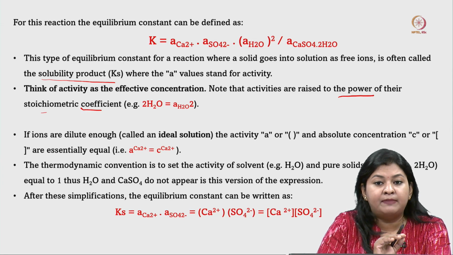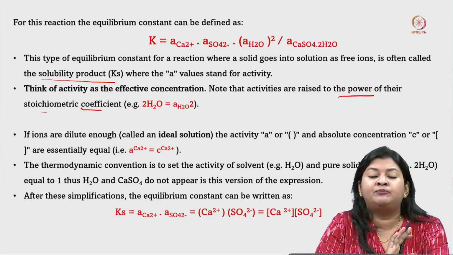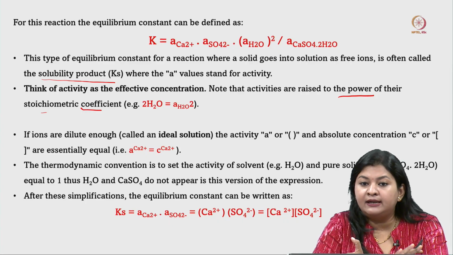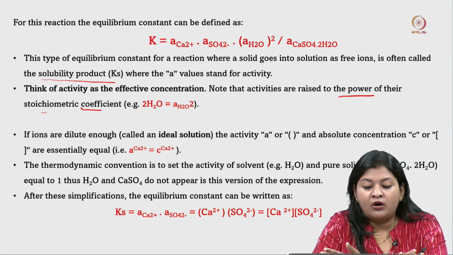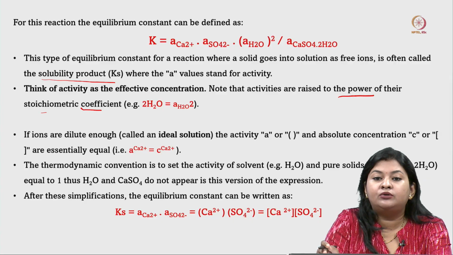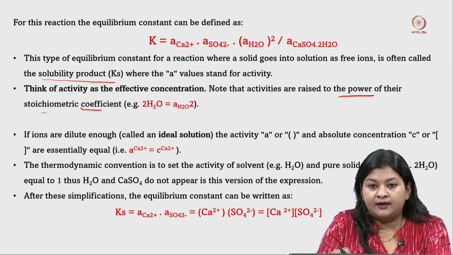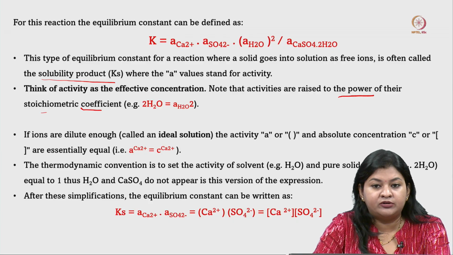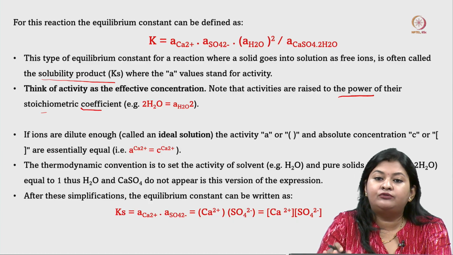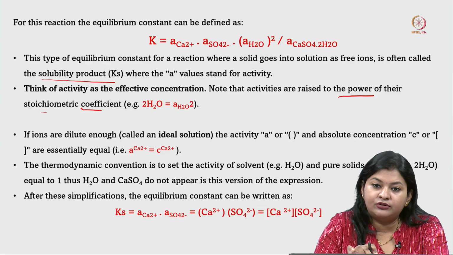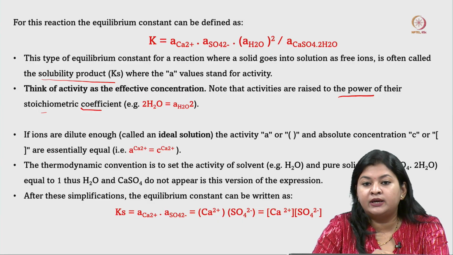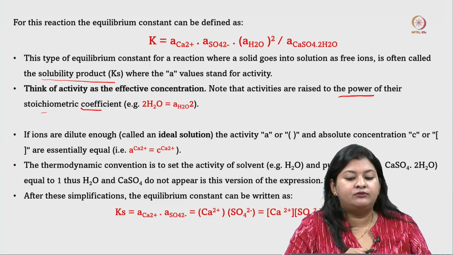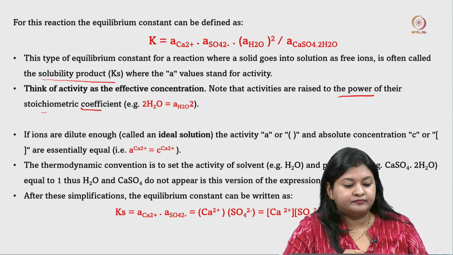That is why balancing the equation is extremely important, because if you are not balancing the equation, you will not know the stoichiometric coefficient, you will forget to raise it to the power, and your value will be wrong. So, always, balancing of the equation is very important.